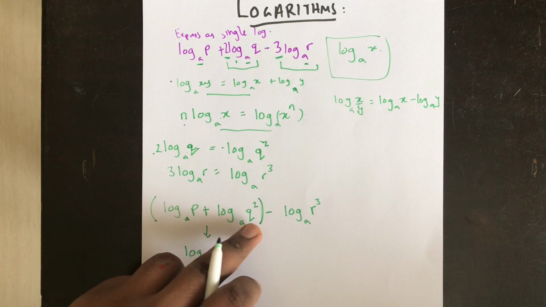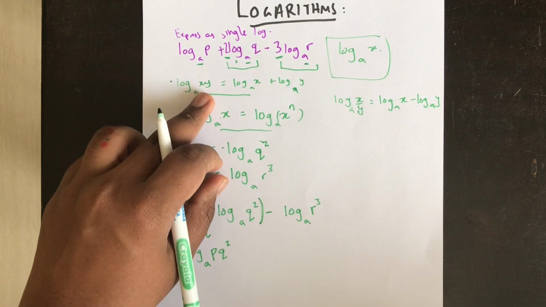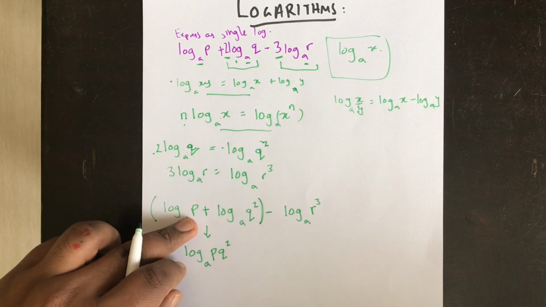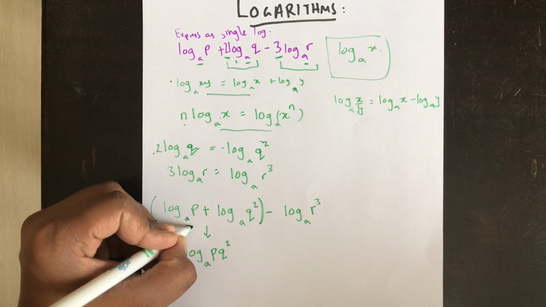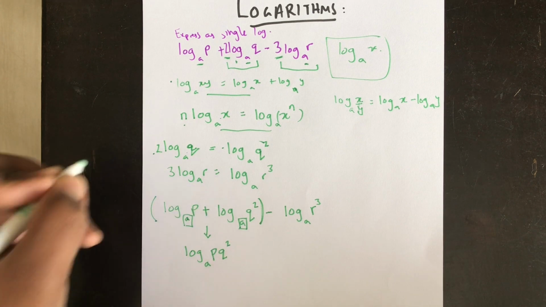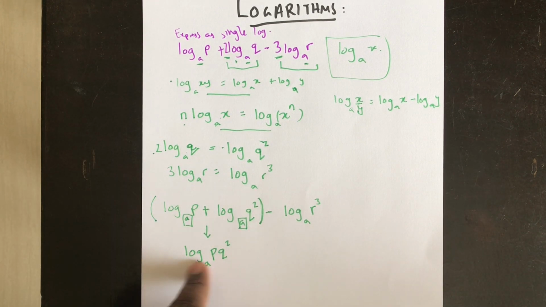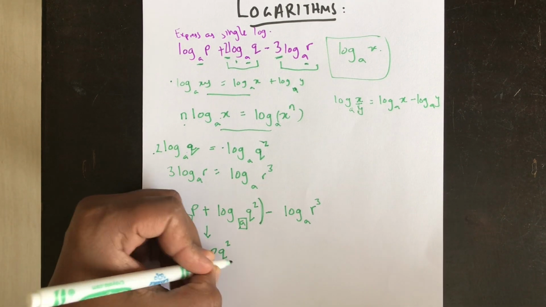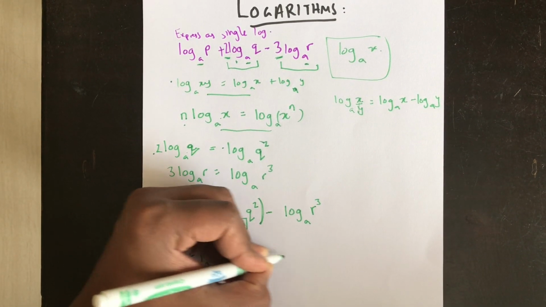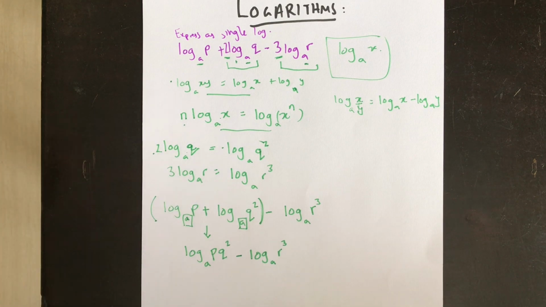So x is my p, q squared is my y, and I get this. So this times this is the same as p times q squared. The base will be the same. Make sure that these bases are the same in order for us to actually solve them. So this is the value of this. So I'm left with this minus log r cubed base a.